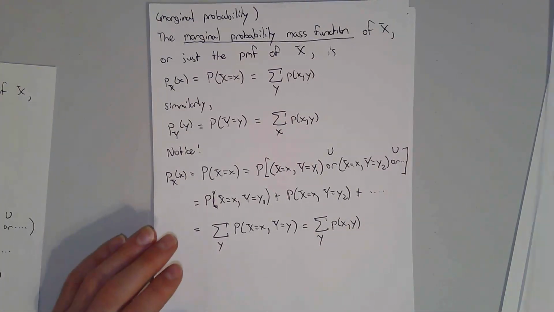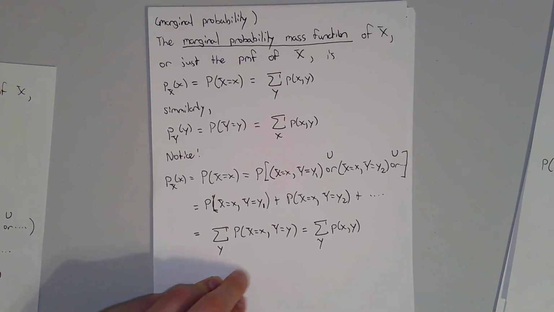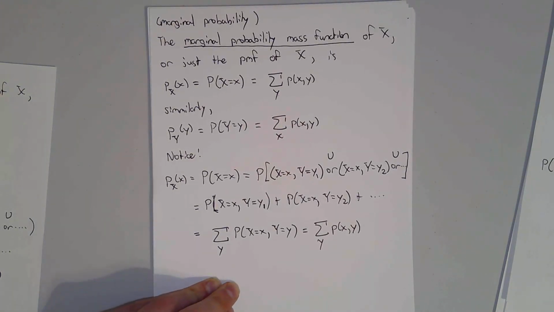So using these things, the marginal probability mass functions and the joint probability mass function, we'd like to do an example.